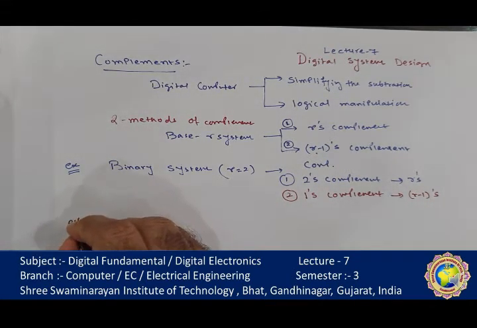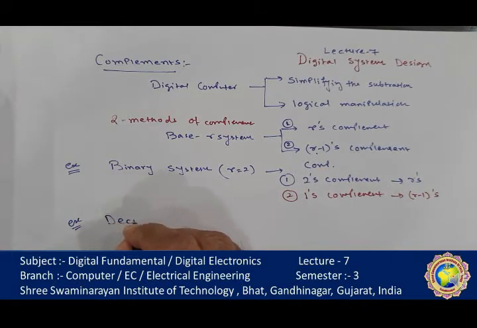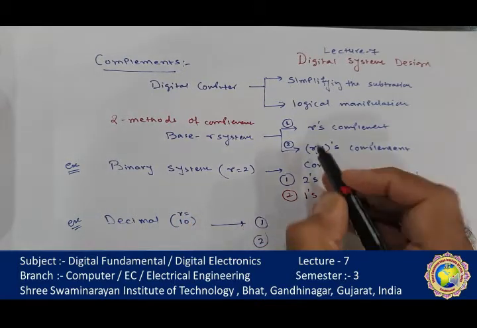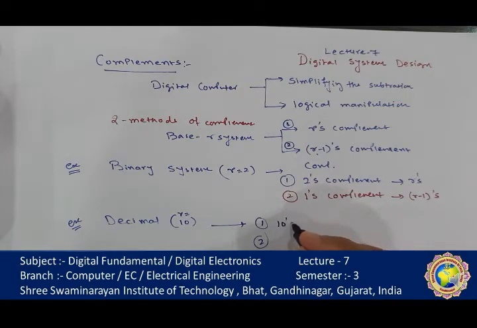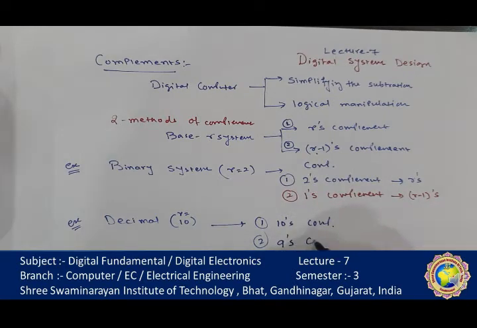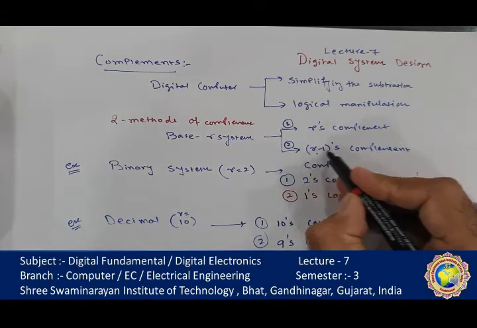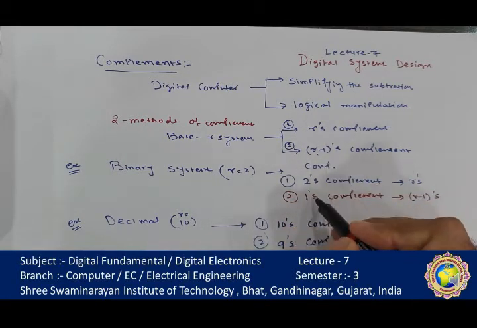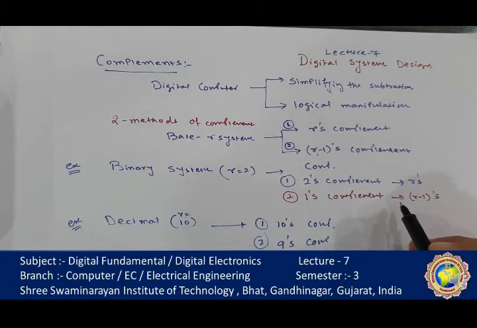Suppose there is a decimal number system. So base is 10, R equals 10. The R's complement is known as the 10's complement method, while the R minus 1's complement is known as the 9's complement. 10 minus 1 is 9; in binary, 2 minus 1 is 1, the 1's complement.